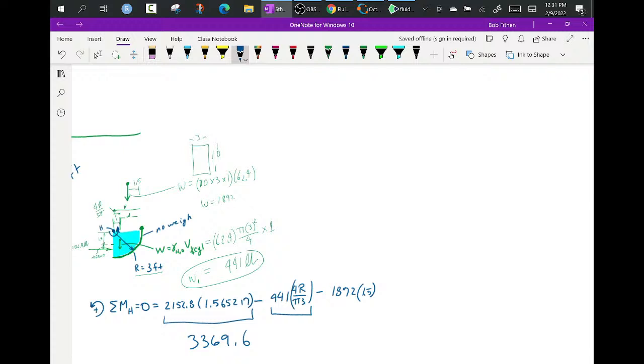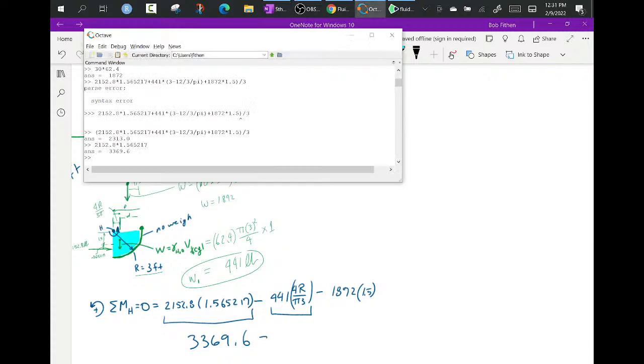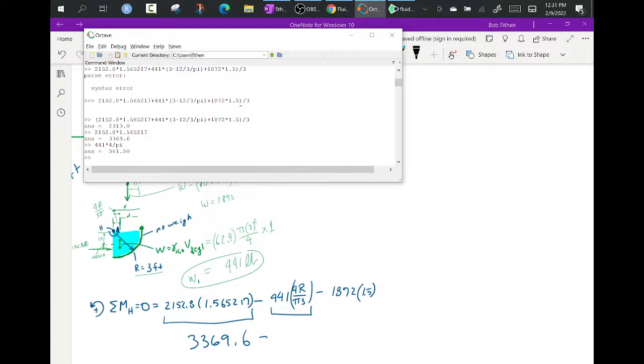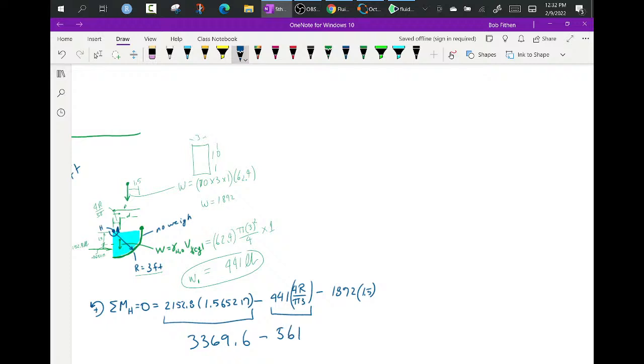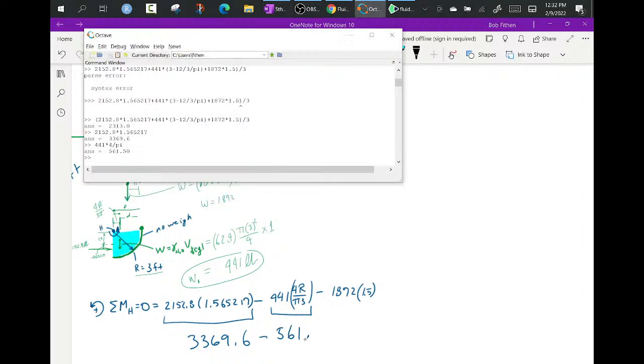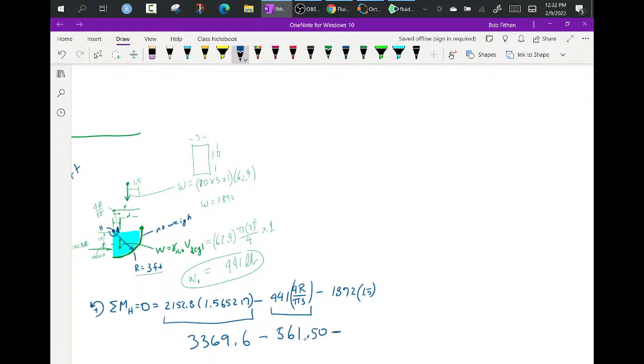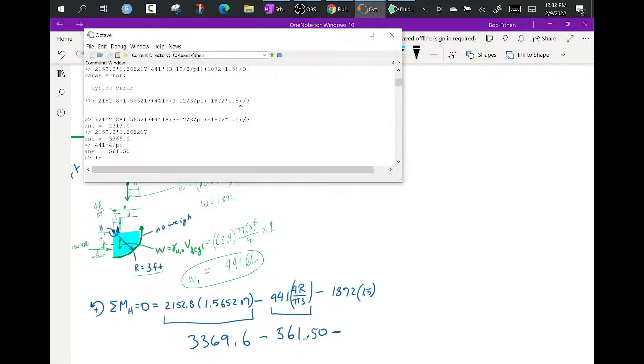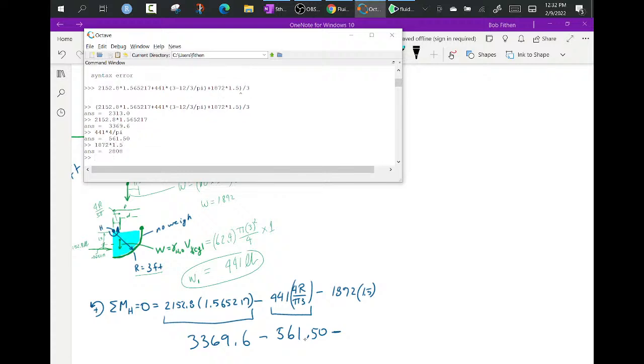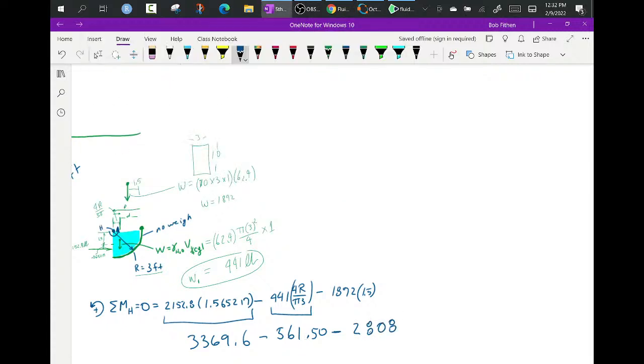Now, let's look at this one. Well, yeah, let's do them individually. 441 times, let's see, the 3R is going to end up being 4 divided by pi. 561.50 minus 1872 times 1.5, 2808.